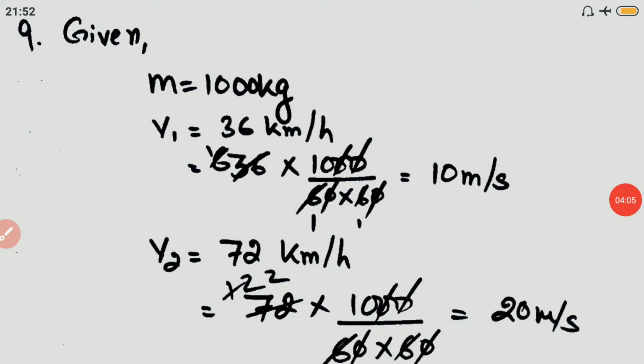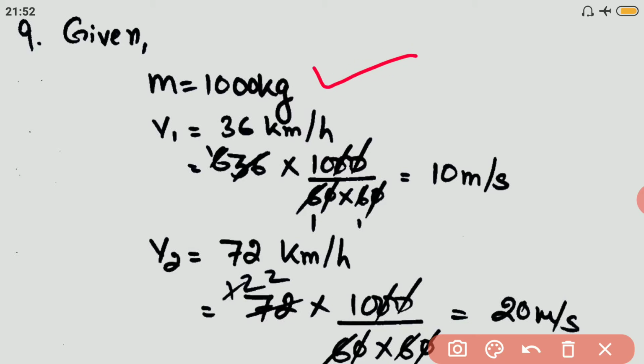So coming to the solution of number 9, given mass is 1000 kg, right? The first speed given to us was 36 kilometer per hour. Here kilometer is not the SI unit of distance, and an hour is also not the SI unit of time. So we are supposed to convert this kilometer per hour into meter per second.